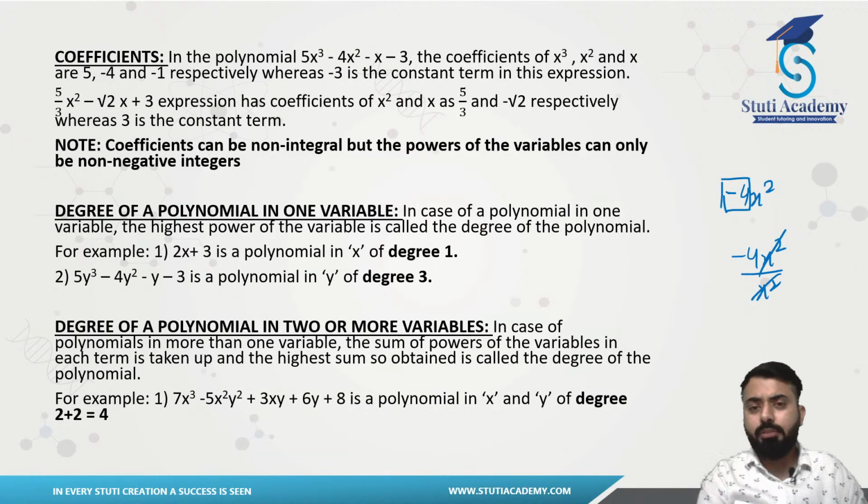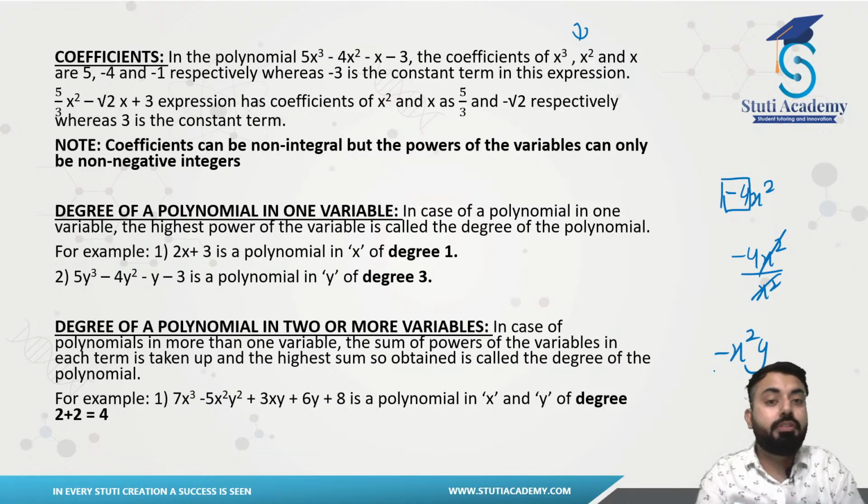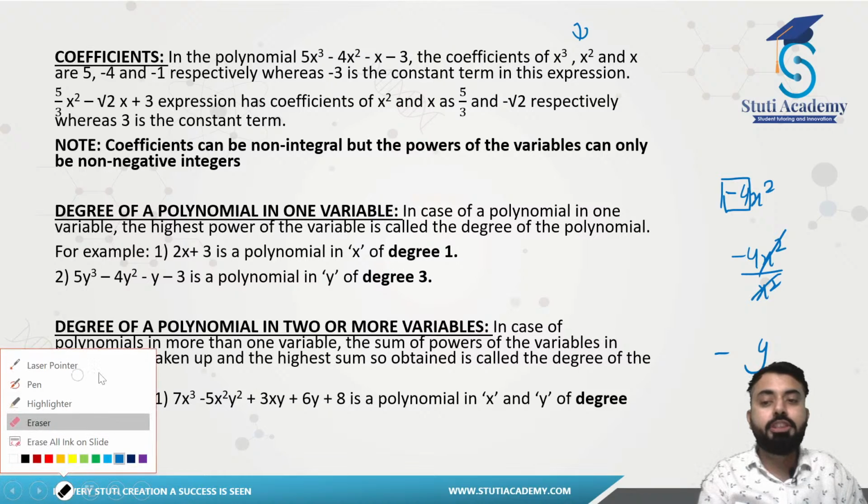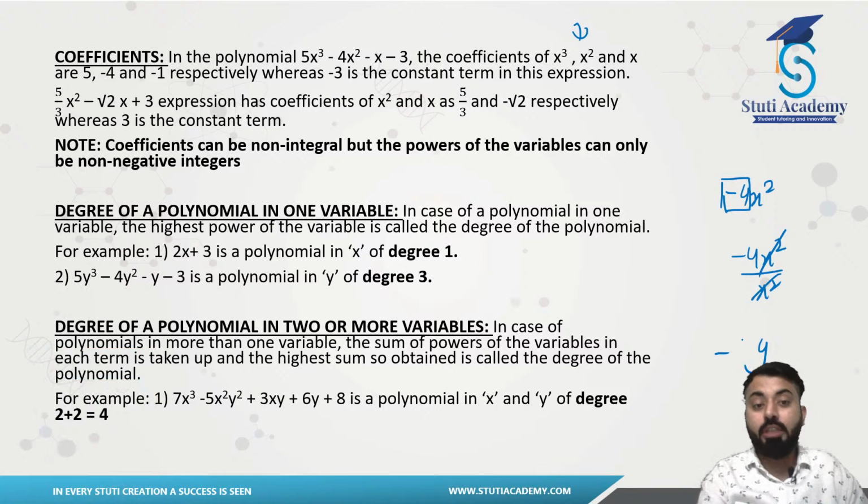And remember, it is not necessarily fixed that you will always have constants as your coefficient. You can have something like this also, negative x square y. Let's say I wanted to find the coefficient of x square. You just remove the variable whose coefficient you want to find out, that is, divide this by x square. If I divide this, I will have a negative y.